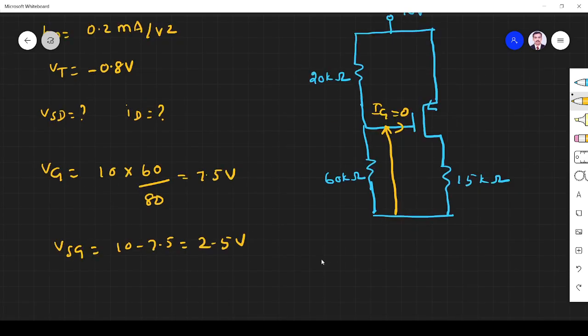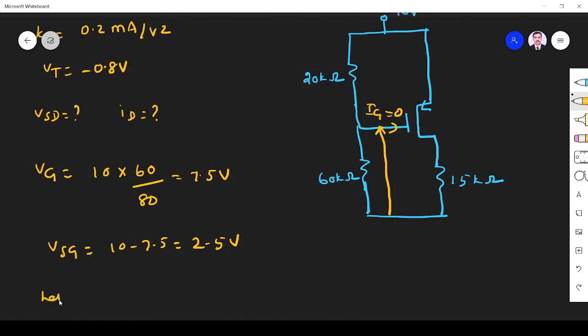Right, again what we have to do, we have to assume that the MOSFET is in saturation. MOS is in saturation, and with that assumption only we have to start the problem. So ID is equal to Kp times (VSG plus Vt) square.